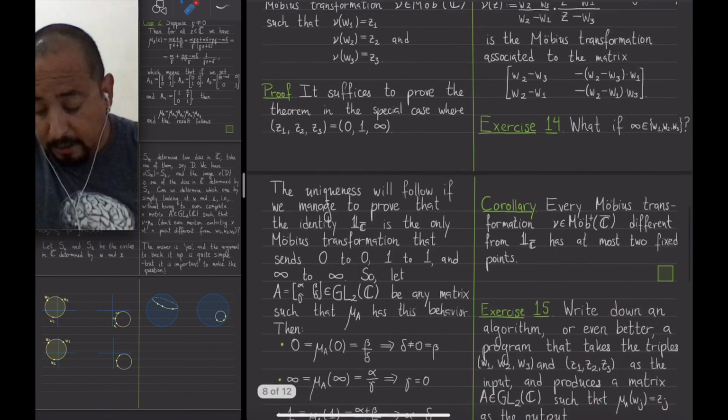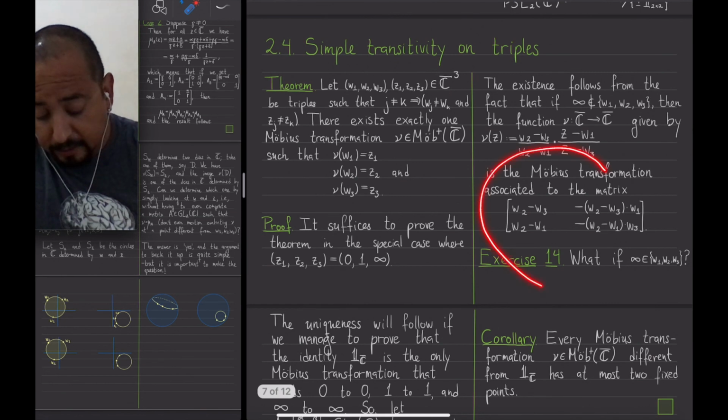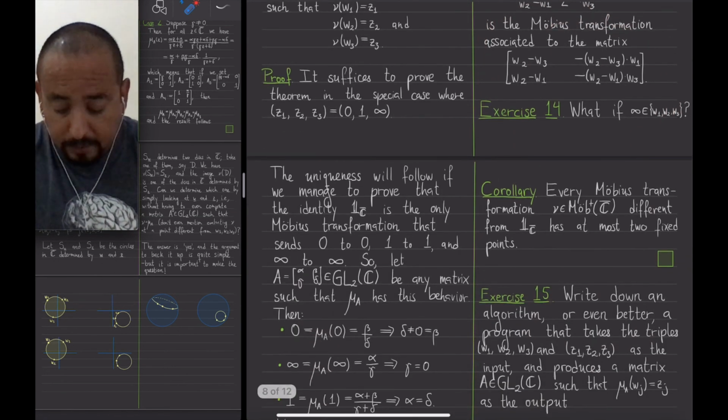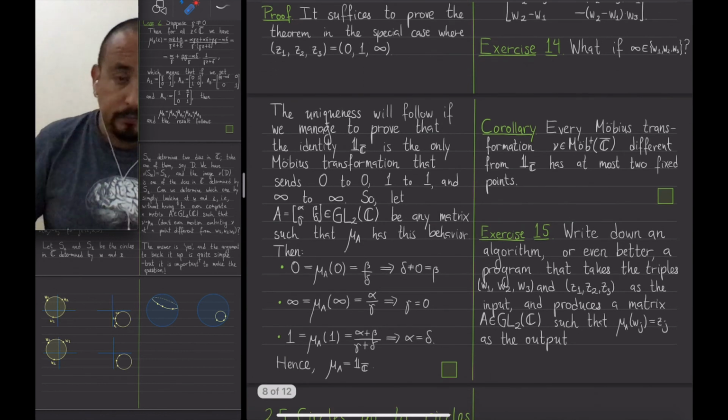So this is a proof that can be exploited in explicit computations.